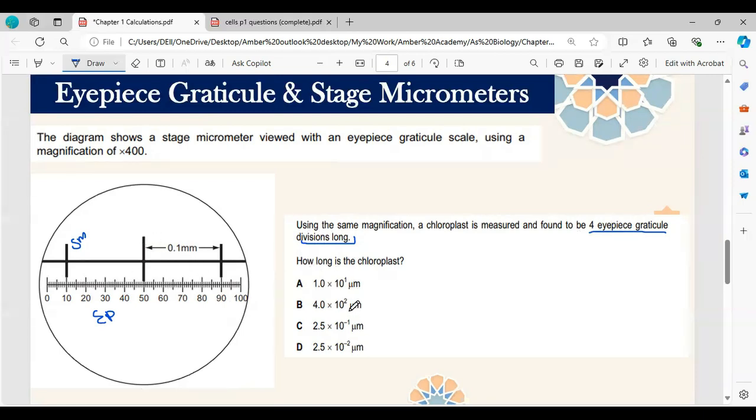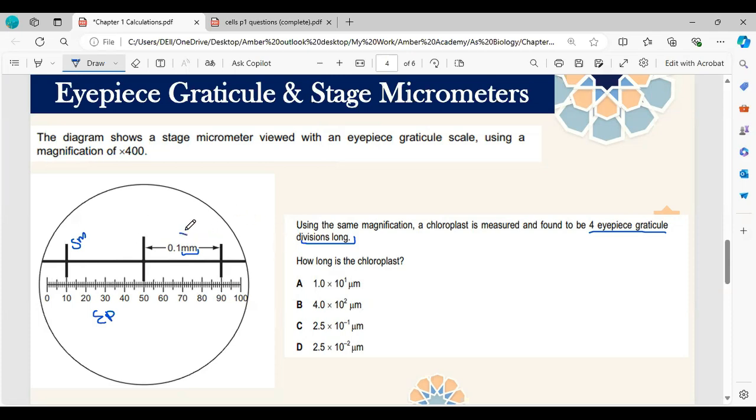Okay, because we can see that the answers are given in proper units, in micrometers. So as far as this millimeters is concerned, we need to first convert this into micrometers. Why? Because they have given us this, which means that the answer that we are supposed to give should be in micrometers. So in order to convert millimeters to micrometers, this is going to be our first step, that we are converting the measurement of the stage micrometer into micrometers.